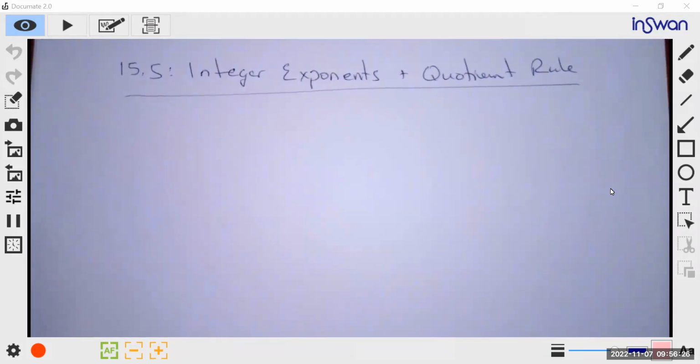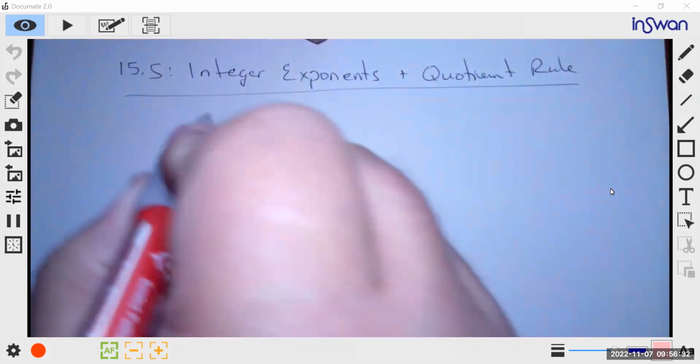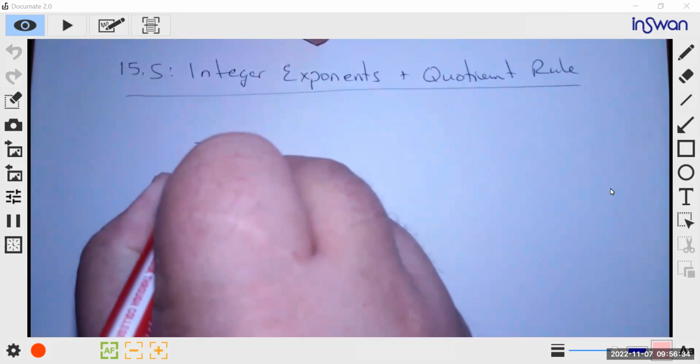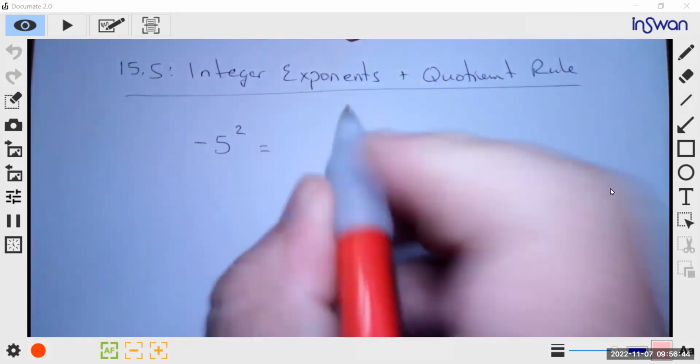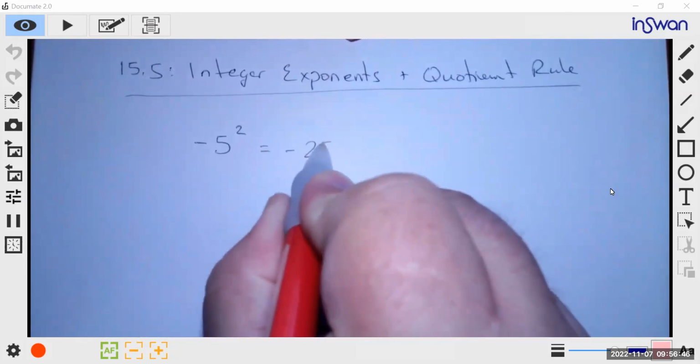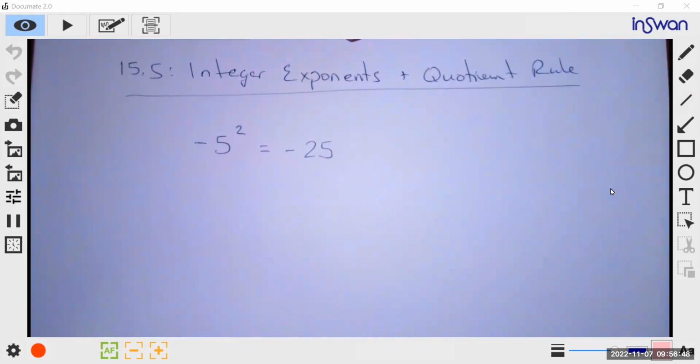Okay, we talked about exponents, we talked about quotient rules and stuff like that. What's this one going to be equal? You have to be careful.